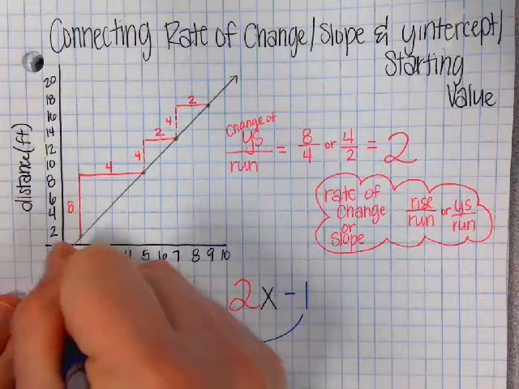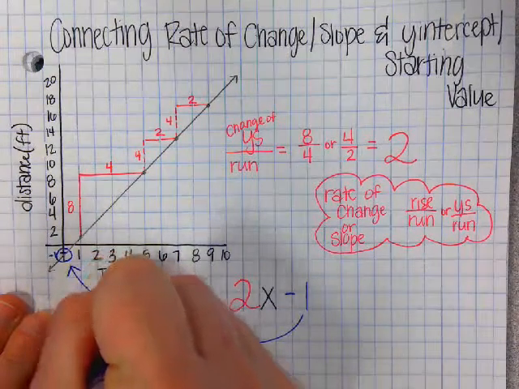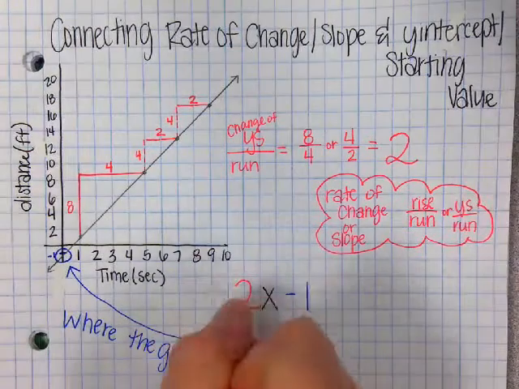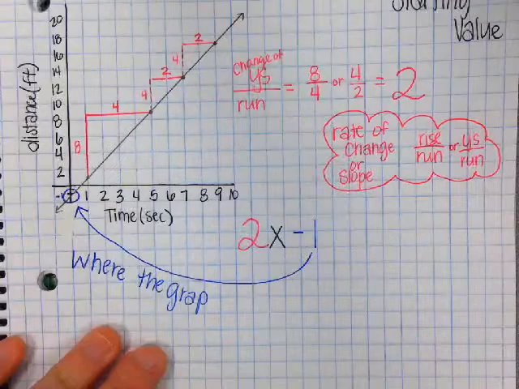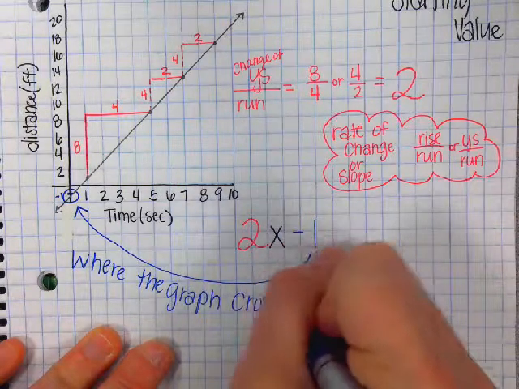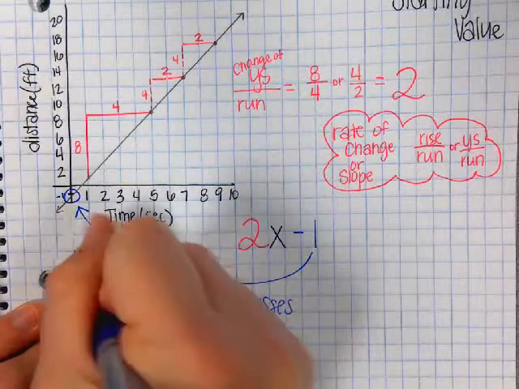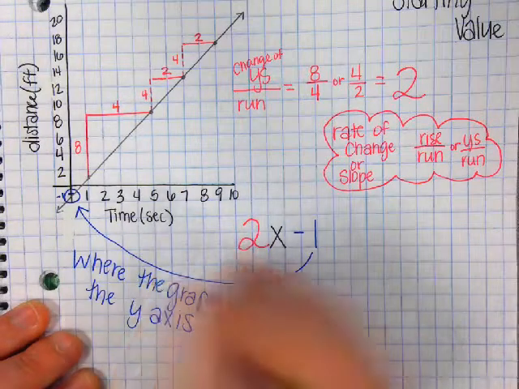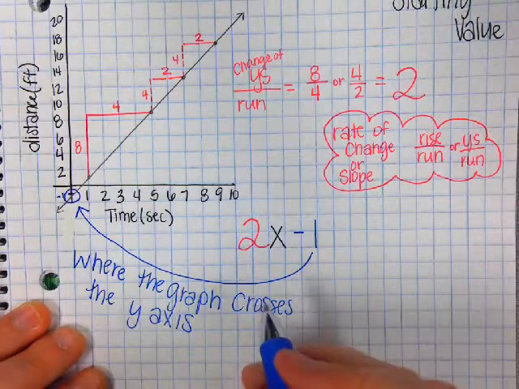So this negative 1 is right there. It is where, and go ahead and write this, where the graph crosses the y-axis.